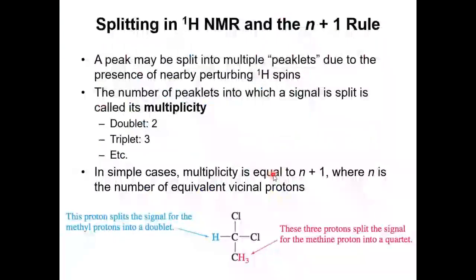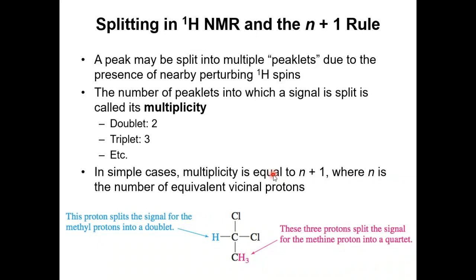And now, in addition to the chemical shift value, number of peaks, and area of each peak, if you are able to zoom in on individual peaks, you will find that some of the signals actually split into multiple lines.